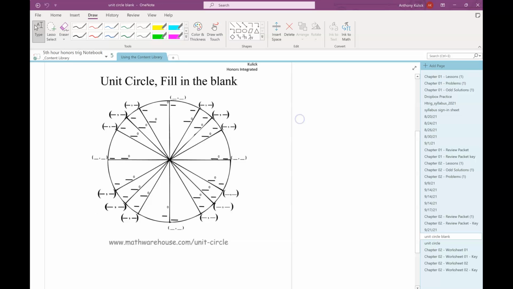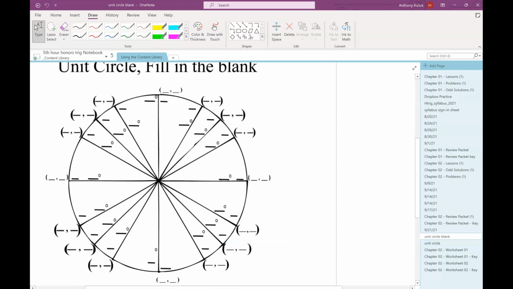So we're going to build out our own unit circle for these angles where the reference angle makes a 30, 60, or 45 degree angle.